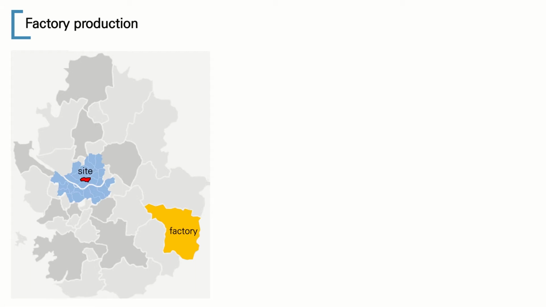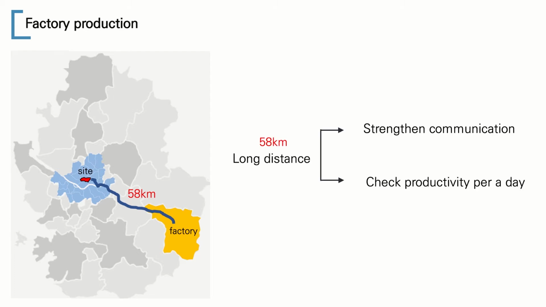But this factory is far from the construction site. The construction site and factory are about 58 kilometers apart. To prevent problems from this long distance, they strengthened the communication between factory and site, and they checked the productivity of the factory every day.